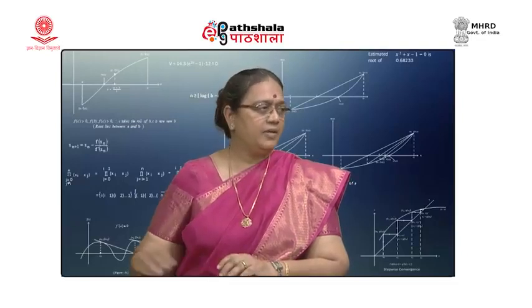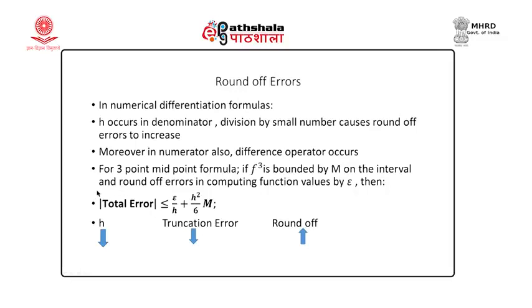So, we can see that if we estimate the total error, the truncation error in the case of the 3-point midpoint formula is h squared by 6, with the third derivative bounded by M. So, h squared by 6 M. And in the case of round off error, it is 1 by h, and let us say in the estimate of the summation of f at x 0 minus h and f at x 0 plus h, the error is bounded by a small number epsilon.